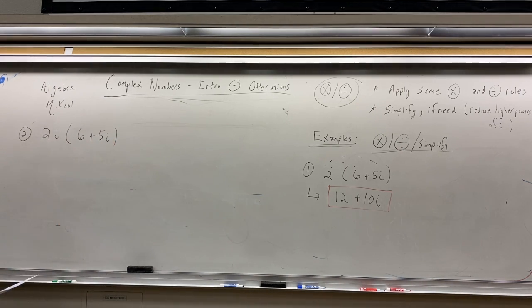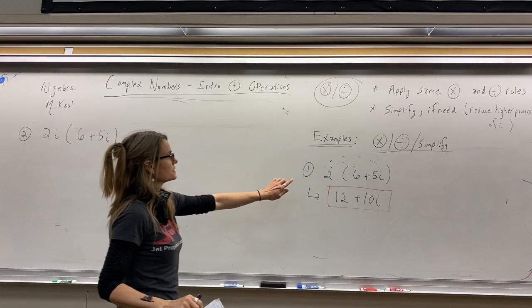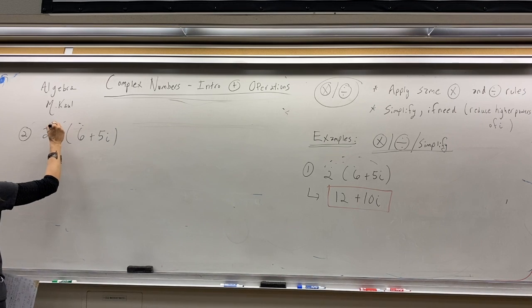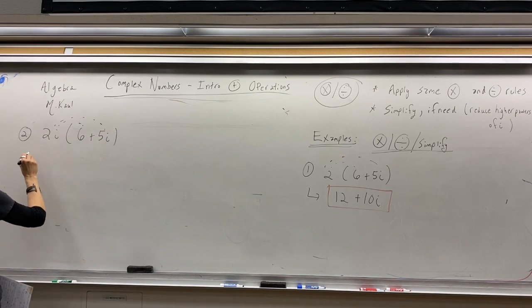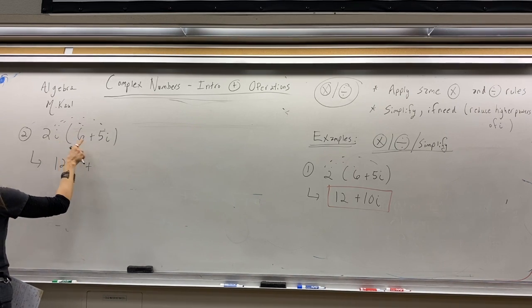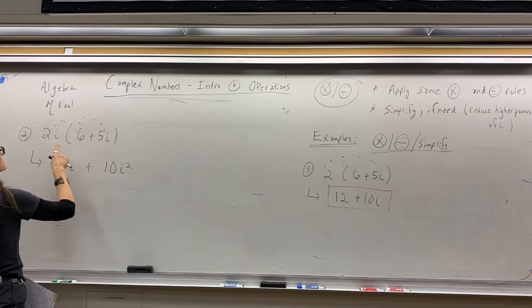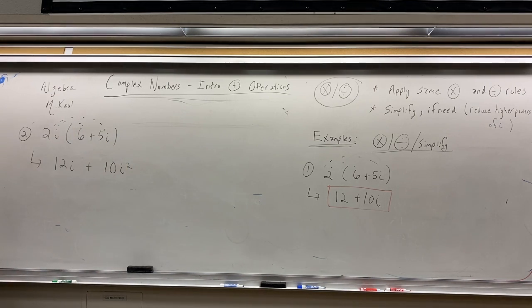All right, let's add in that extra i and see how things get complicated here quickly. So in this case, we're just going to say 2i times 6, and then 2i times 5i. We have 12i plus 2i times 5i will give me 10i squared. Just like when you multiply an x times an x, you get an x squared. Well, the same goes with i's.